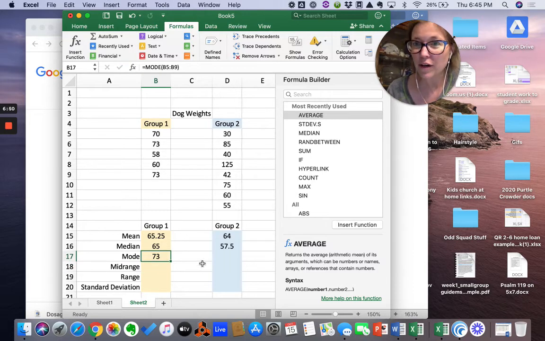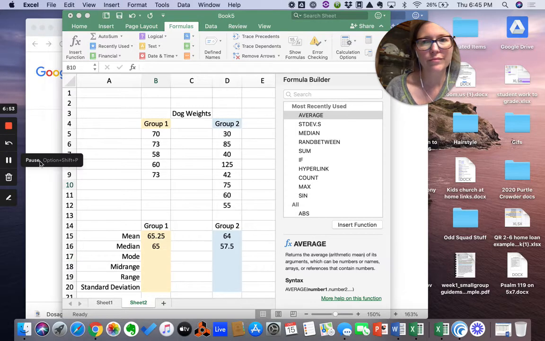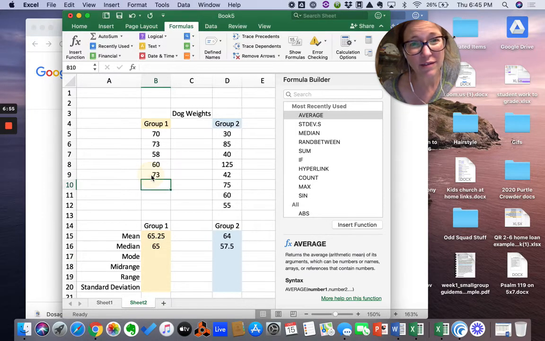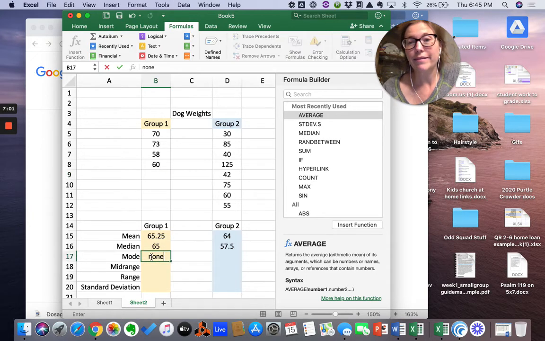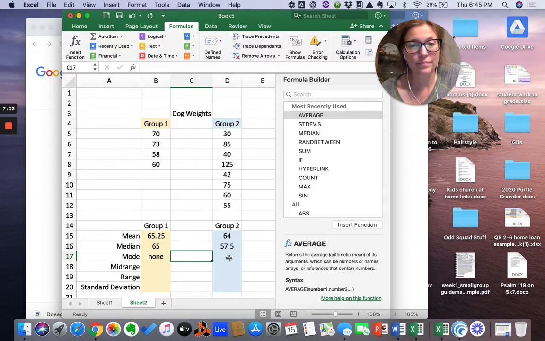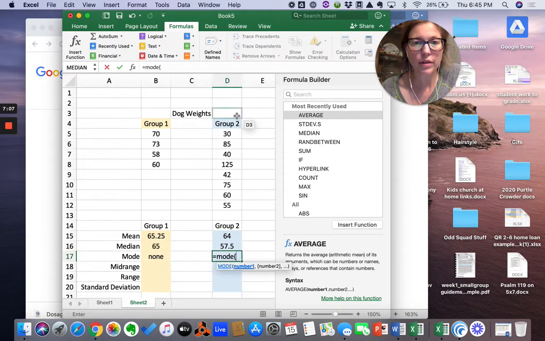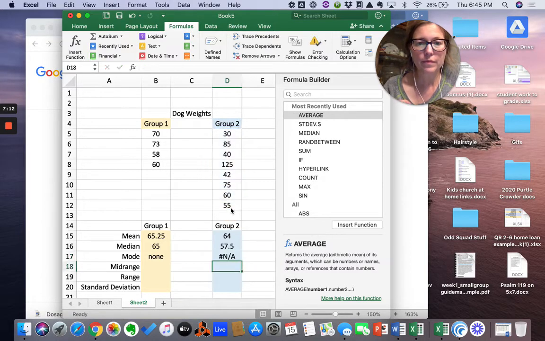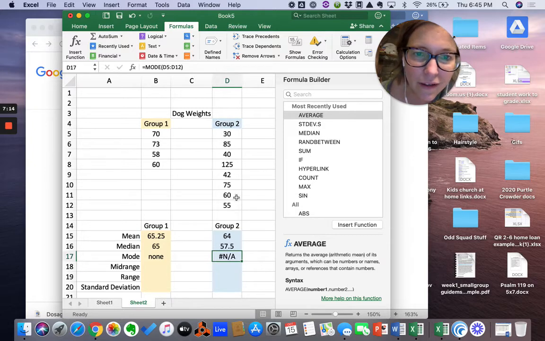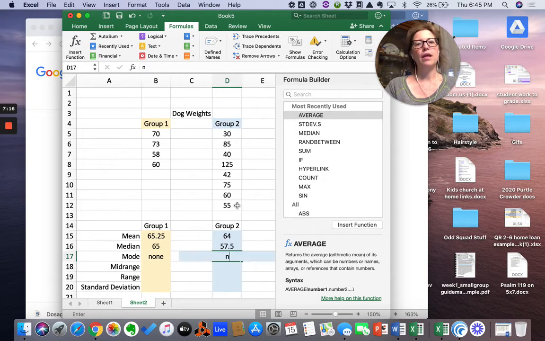It found the one that occurred the most frequently. But that 73 isn't actually part of my real data, so I'm just going to say none. Let's try here. Equals mode, parenthesis, choose them all. Oh, wait. There aren't any repeats. None.